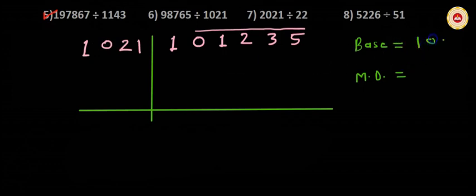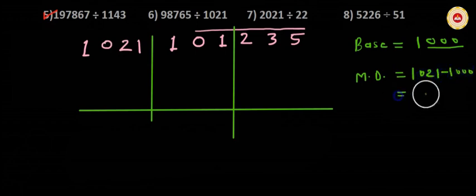Base is 1000. How many zeros? 3 zeros. So draw vertical line, remainder line after 3 digits. Now calculate modified divisor. First of all, calculate deviation. 1021 minus 1000, which is equal to 0 2 1. Change the signs of these digits, make it negative. Now this 0, minus 2, minus 1 is modified divisor, and write modified divisor just below given divisor.